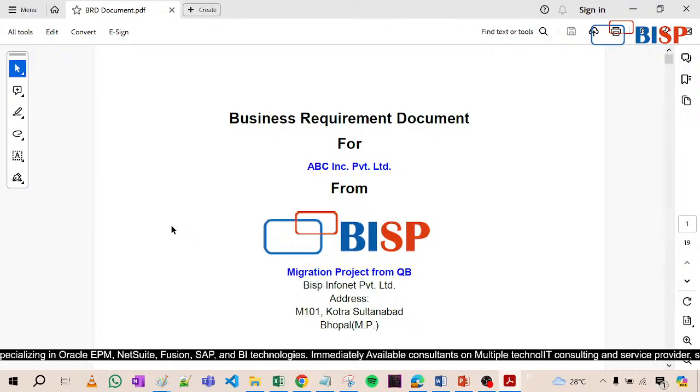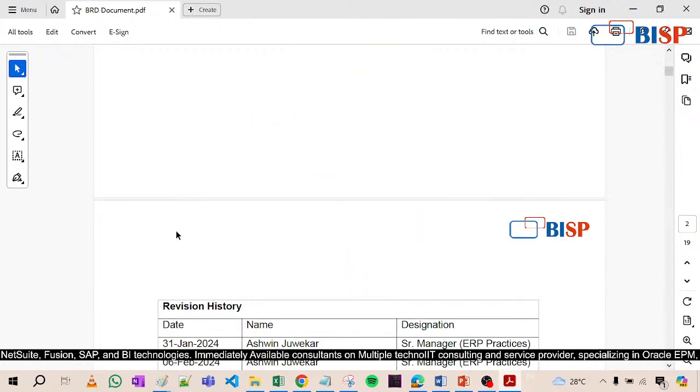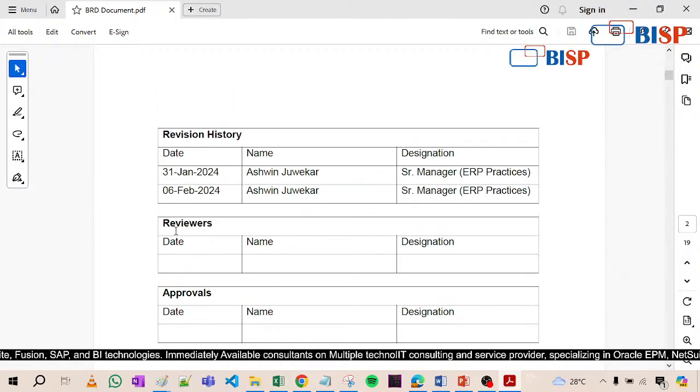First of all, we will see here the business requirement document. On the first page, you have to provide this. Now what is revision history? The revision history says how many times this document has been revised.